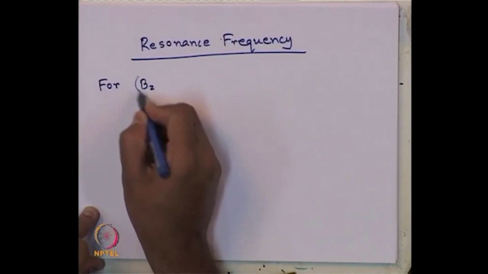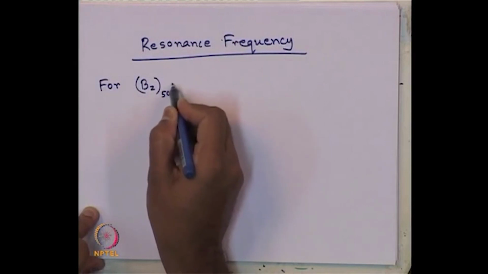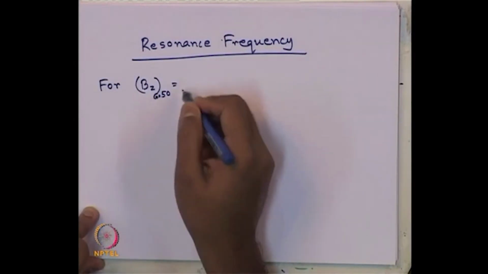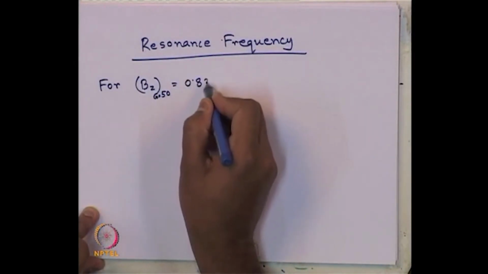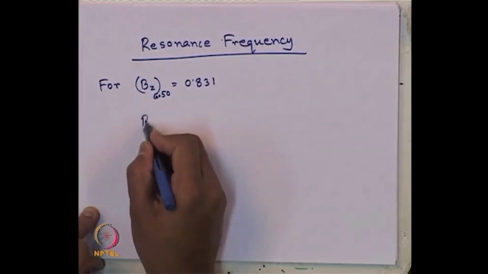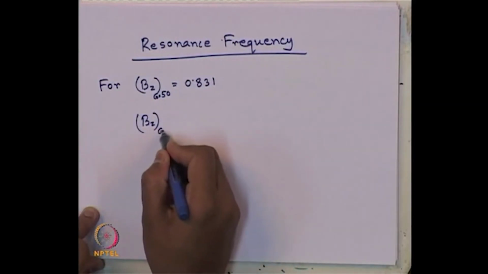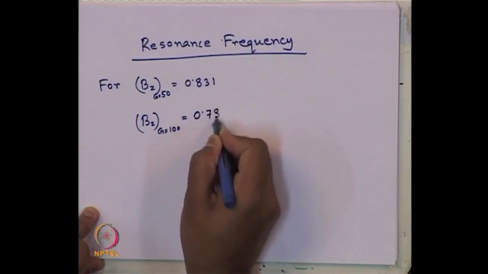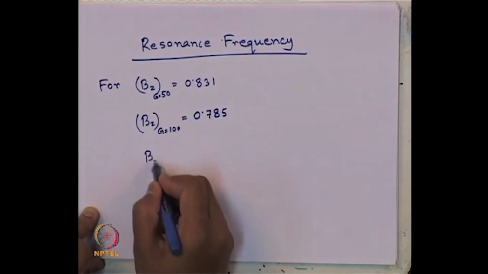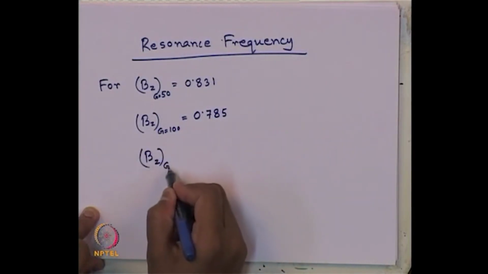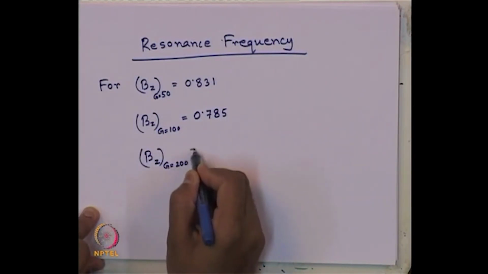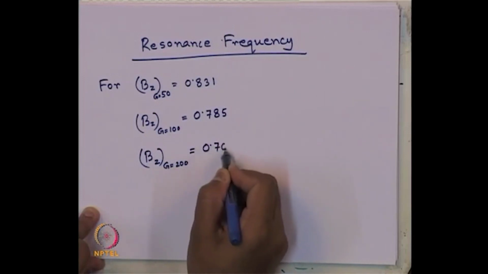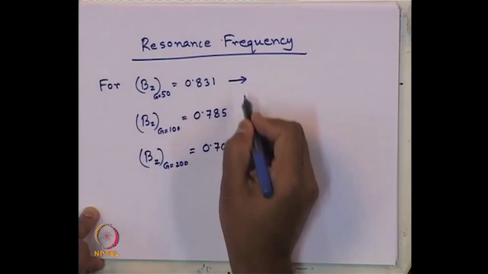So, for different BZ values, with G equals 50, 0.831, BZ with G equals 100, which is 0.785, and BZ value for G equals 200, which is 0.706. What are we getting?